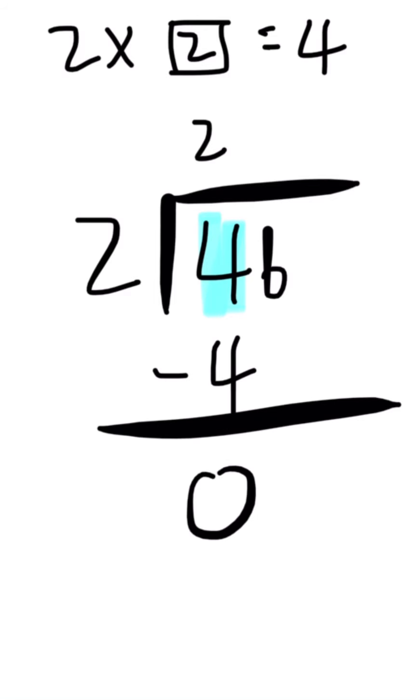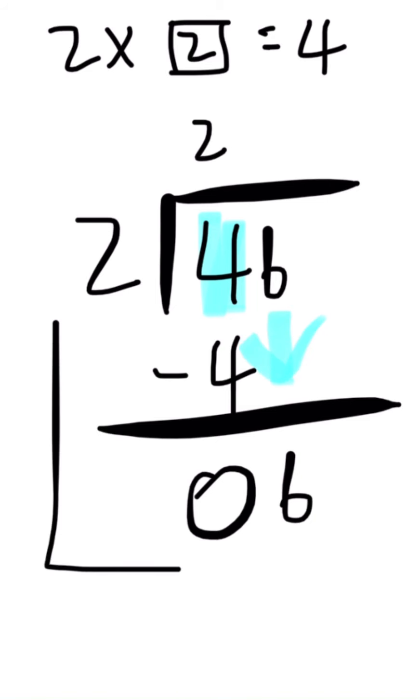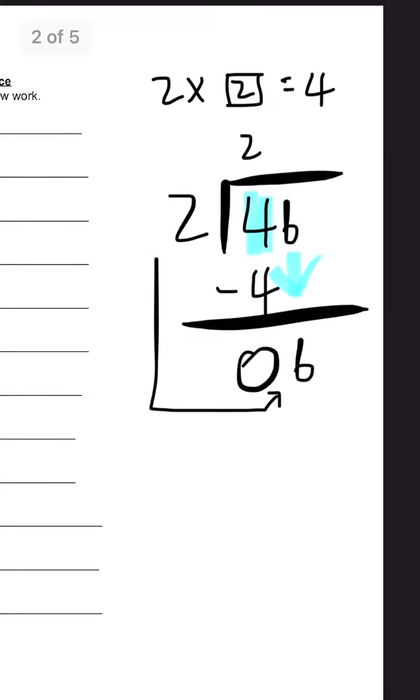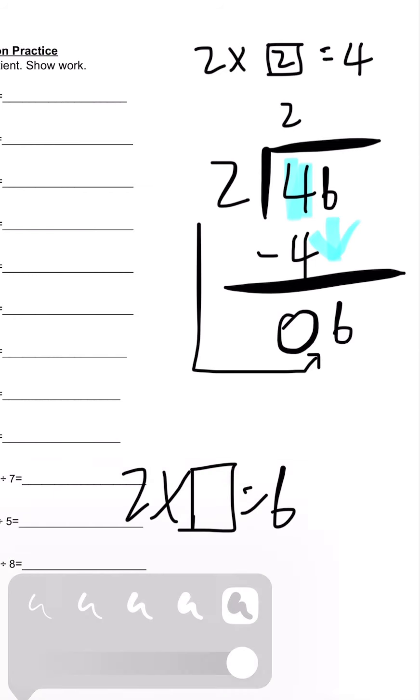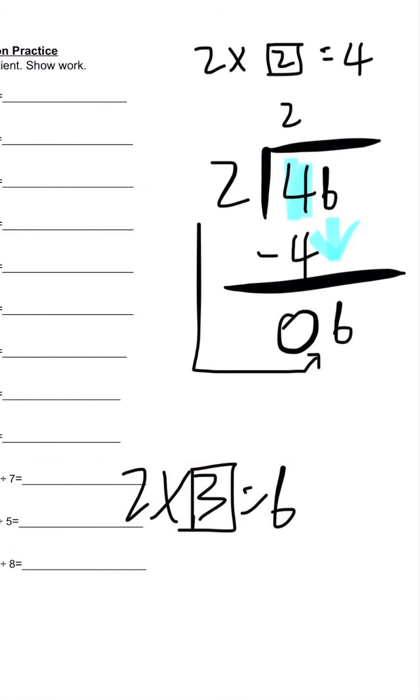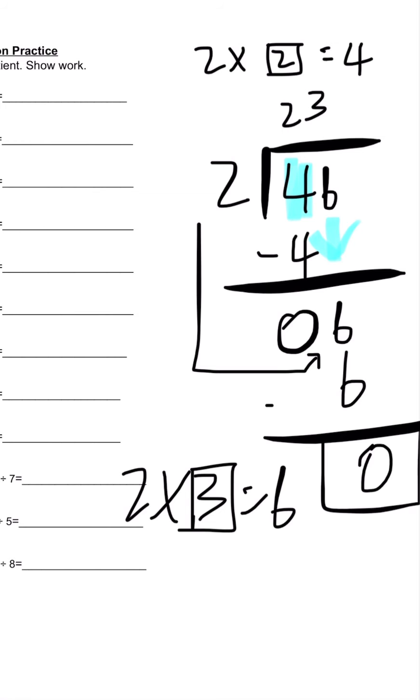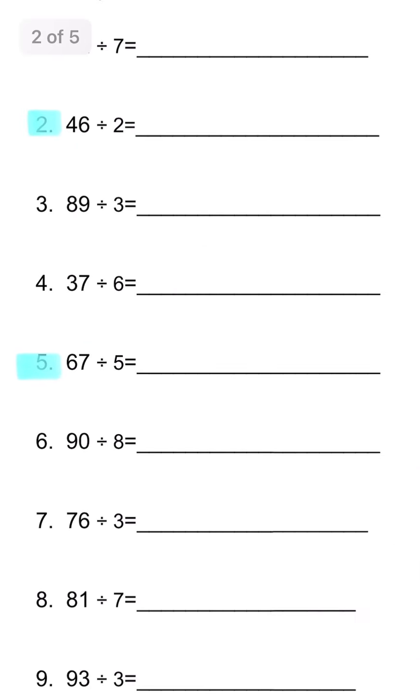Then you'll get 0. And then you bring down the 6 again. Then you go this way. And you ask yourself, how many times does 2 go into 6? 2 goes into 6 3 times. So you want to write 3 up here and subtract 6 from here. Now you notice you have a 0. That means you have no remainder. So your answer is just 23.